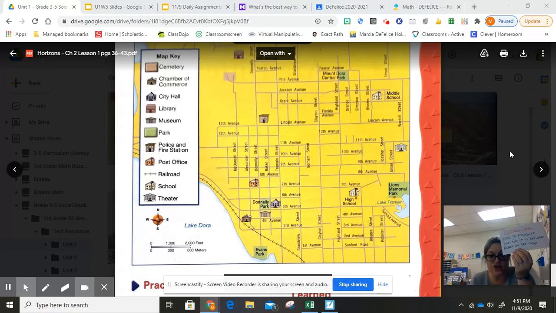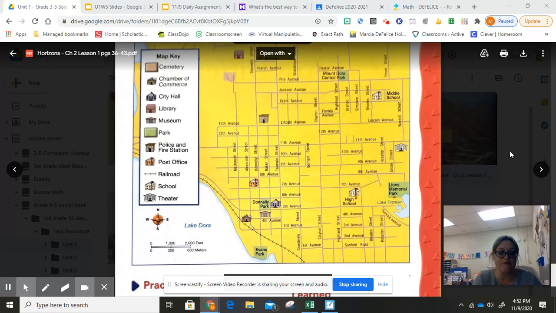So it's pretty much showing you on this map, if you go about that far, you're going about 2,000 feet or 600 meters. Okay, and we're going to start talking very soon in math about measurement and the difference between metric measurement, which is your 600 meters, and your standard customary measurement, which would be your 2,000 feet. But we'll talk about that when we get to math.